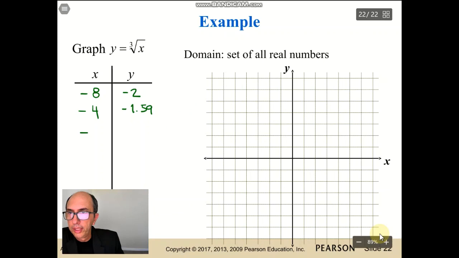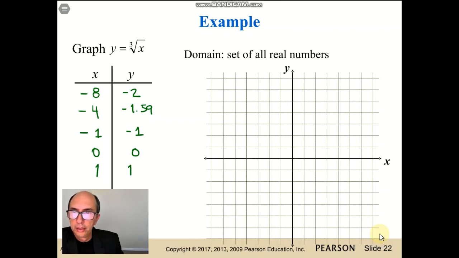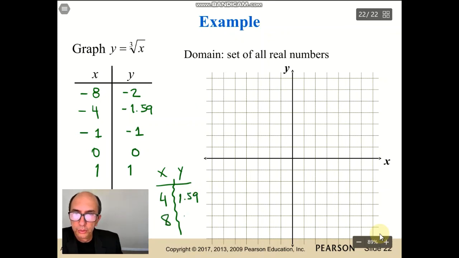And for negative 1, the cube root of negative 1 is negative 1. 0 is 0. 1 is going to be 1. And let's complete here x and y. We can also have 4, 1.59, and 8, 2.